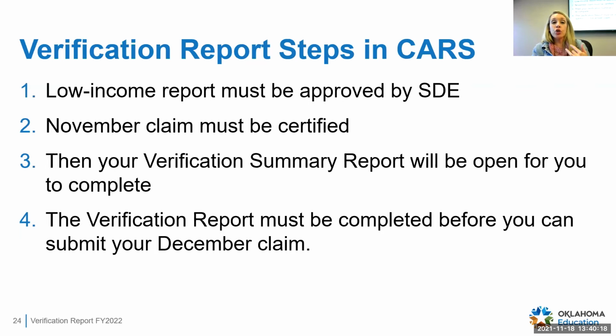You first have to do your low income report, submit it to our office, and it has to be approved by our office. Then your November claim must be certified. Then your verification report will open. After you complete your verification report, you will be able to do your December claim.